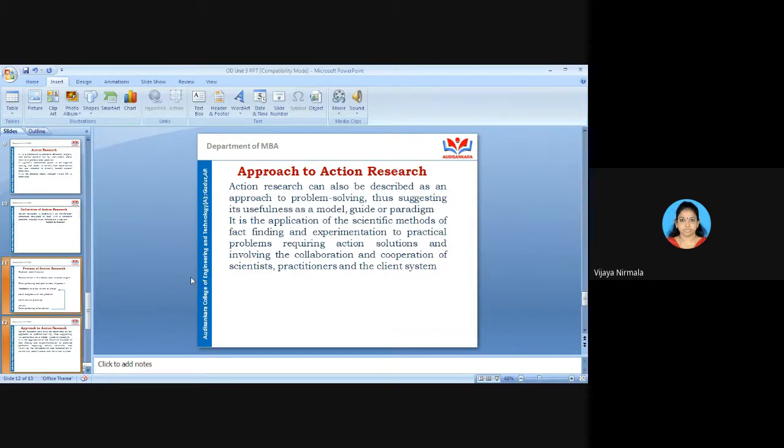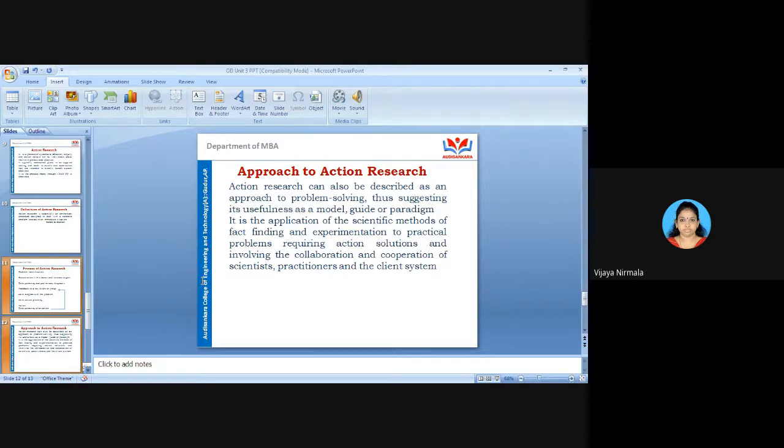Why? Because it suggests its usefulness as a model, it guides, and it shows how much it benefits the organization.